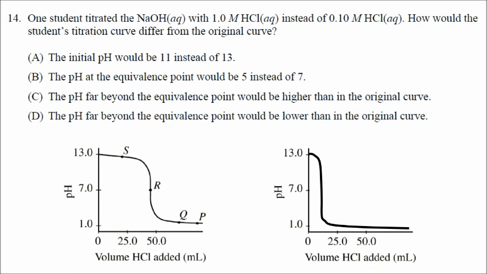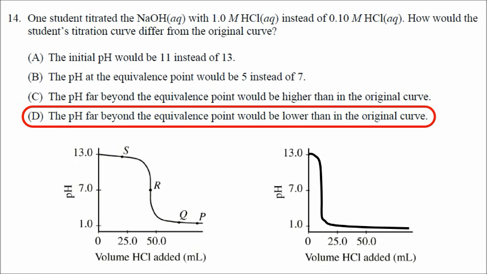So the curve still has the same equivalence point at 7, but you're going to eventually go past the equivalence point with a more concentrated acid, so the pH beyond the equivalence point is going to be lower than in the original curve.